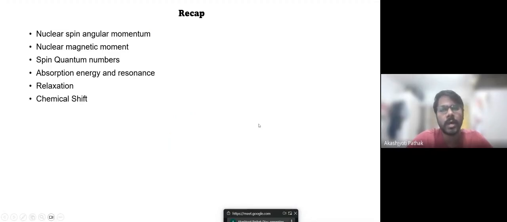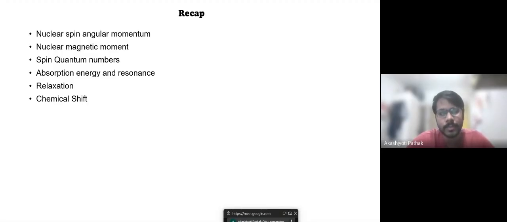In week one, the lectures covered the topics of nuclear spin angular momentum. We learned about the nuclear magnetic moment, the spin quantum numbers, what the absorption energy is, and in which region of the electromagnetic spectrum we can detect the resonance and capture the NMR signal. We also understood relaxation.